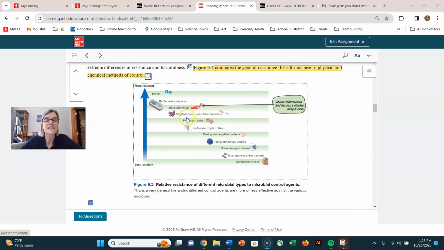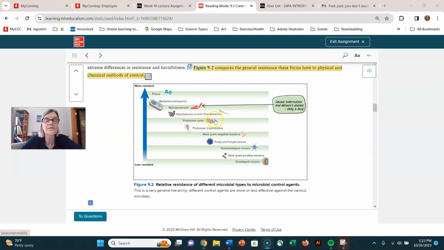Here's another one that you've heard of, Staphylococcus, and maybe one that you should be familiar with, Pseudomonas. Both of these are common pathogens. They're in our environment, and they tend to be somewhat more resistant to microbial control than most gram-negative and gram-positive bacteria. Remember, we said some protozoans make cysts, and the cysts help them survive environmental conditions.